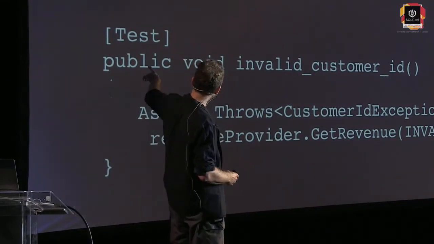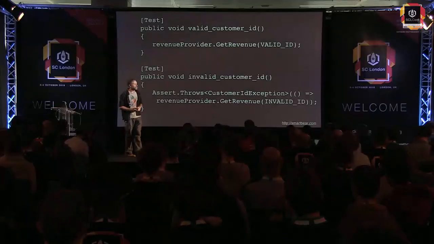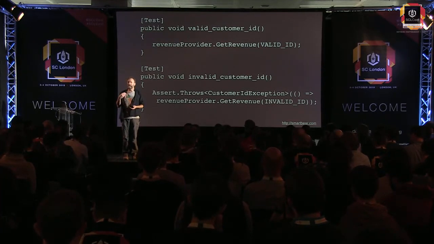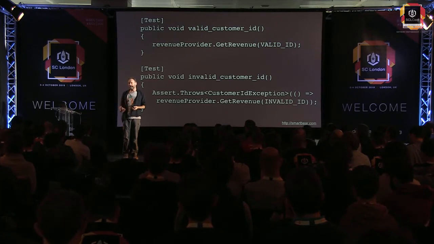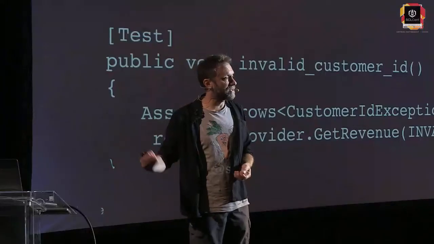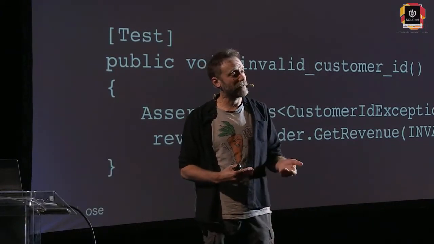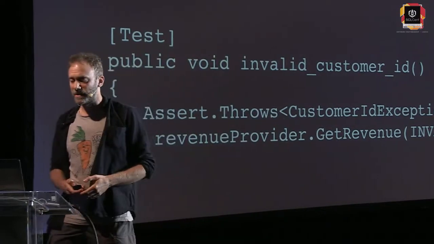And then the second test here is invalid customer ID, and I'm asserting that it throws a customer ID exception. And there I'm making clear that this is the behavior, this is the contract that I've entered into, and this is the behavior that I expect, that the component on which I'm dependent will throw this exception if it's passed an invalid ID, and I expect my test double to do likewise.